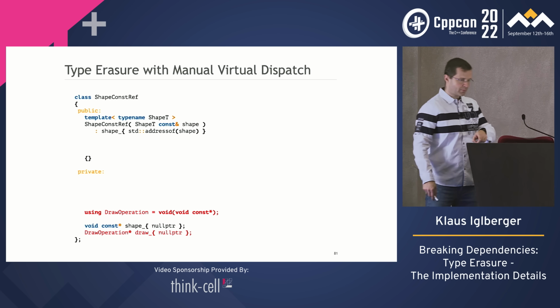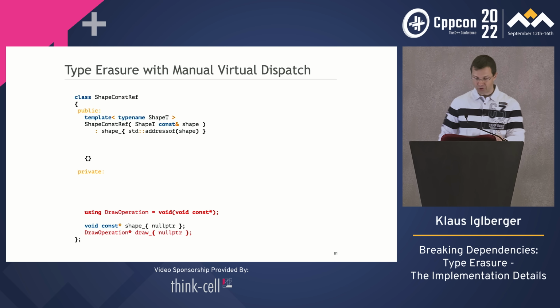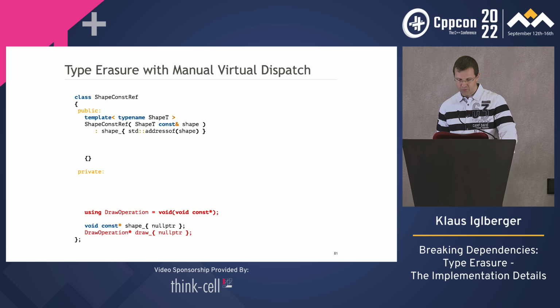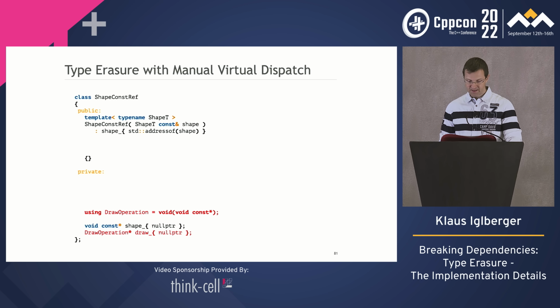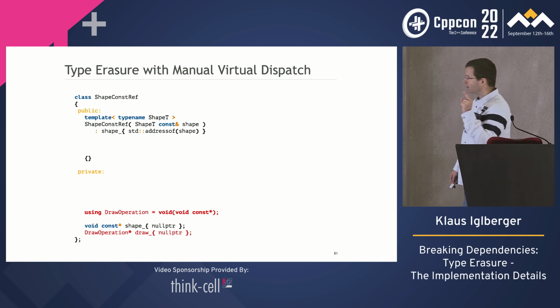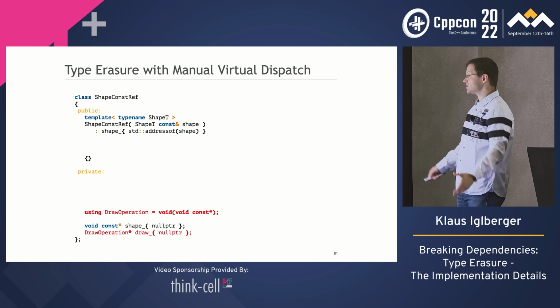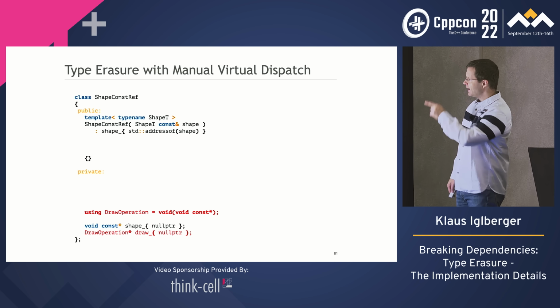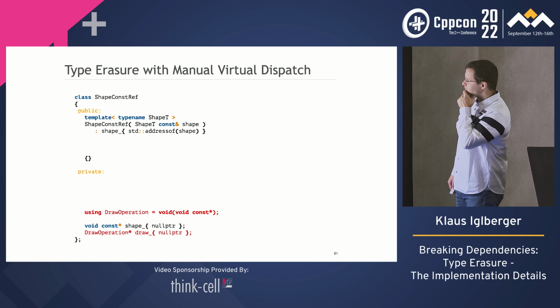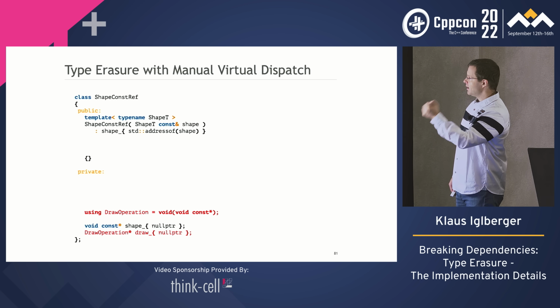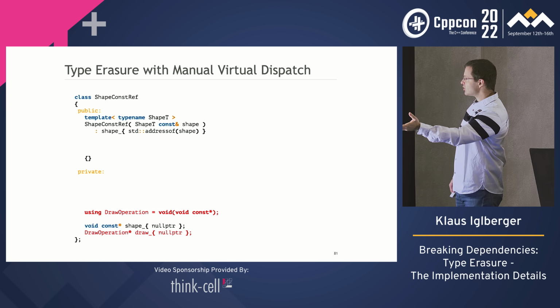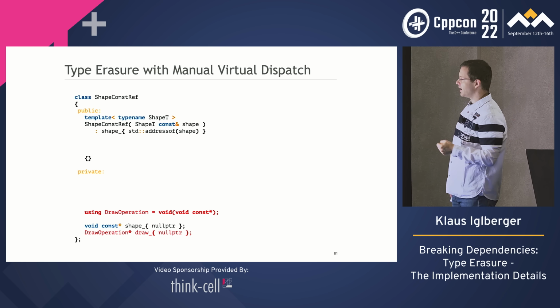But with this draw function, we're now able to get back to the real type and do the real operation in a perfectly type-safe way. There's one thing missing. Something has to trigger this draw, and that's again what I do with a hidden friend. Again, it's called draw, takes a shape const ref, by reference to const, or just by value. It's a view after all. And you take the shape, give it to the draw function, call it, and this will do the right thing.